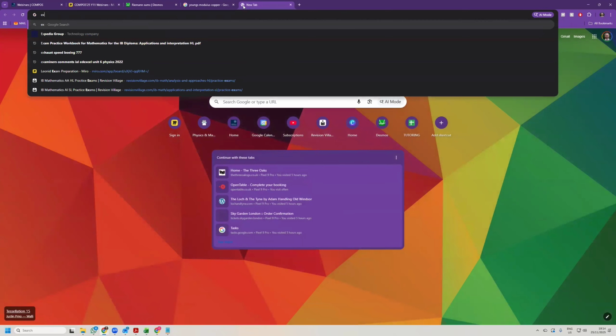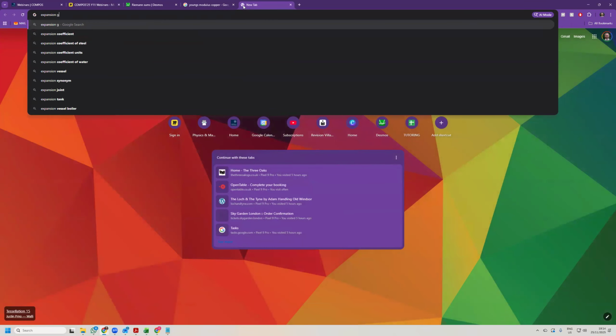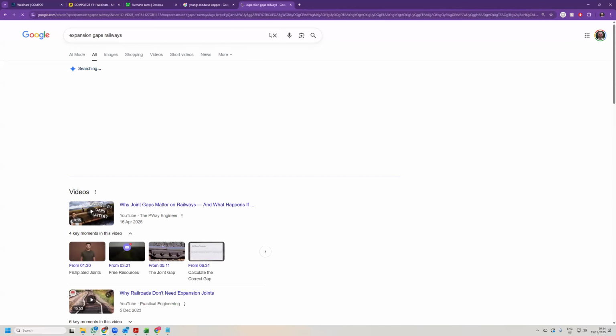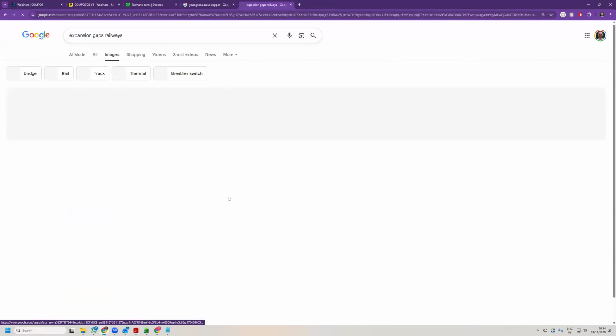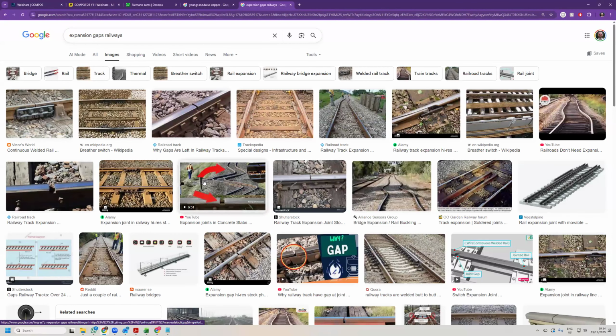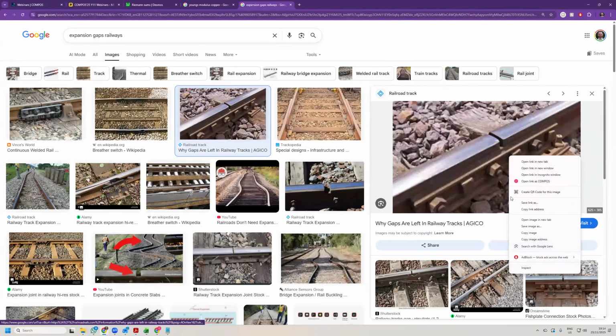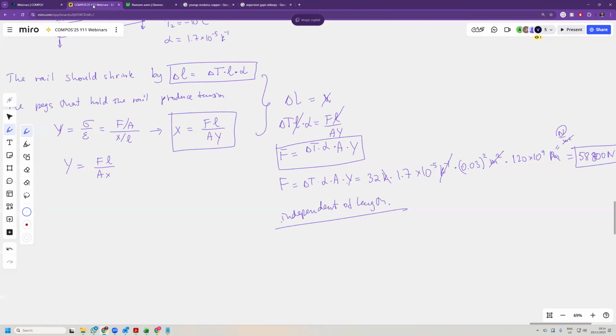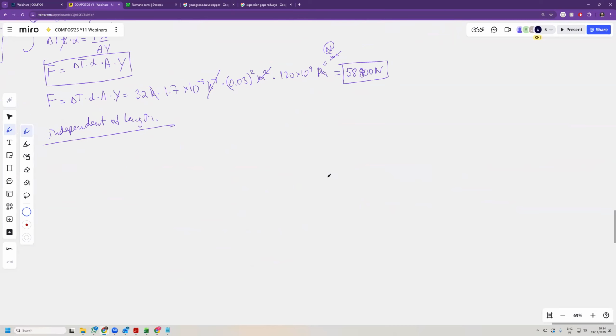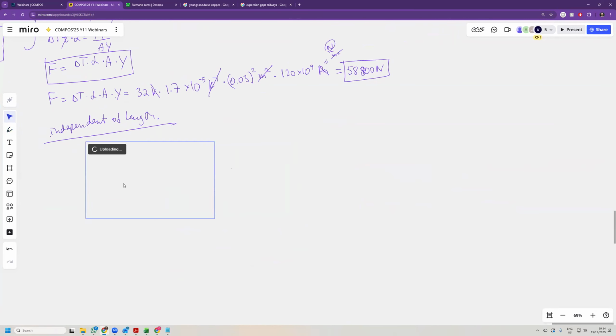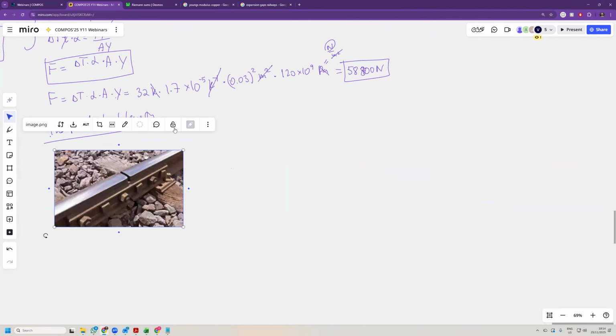So, expansion gaps, railways. In the olden times, well, not so olden times, railways used to have expansion gaps like this.